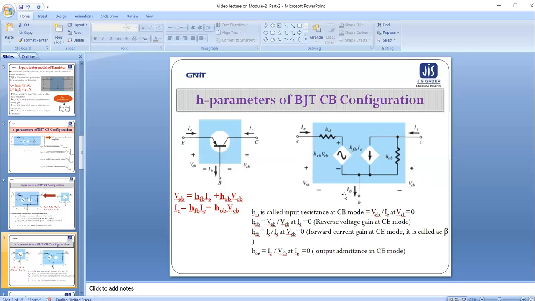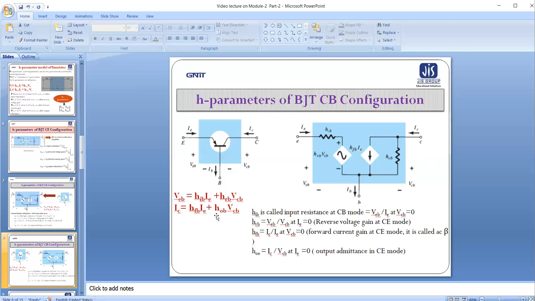Again I am writing the current voltage expression. VEB is equal to IE into HIB plus HRB into VCB, and IC is equal to this current, that is HFB into IE, plus this current, that is HOB into VCB, because it is an admittance.